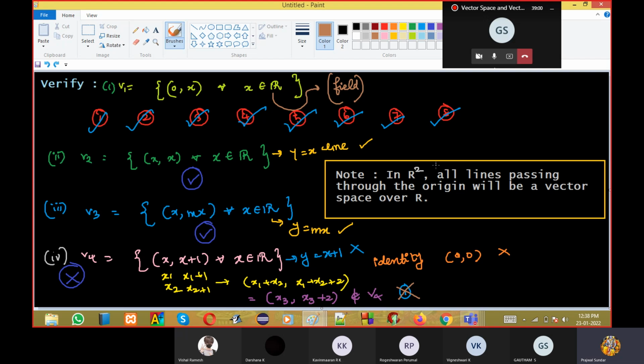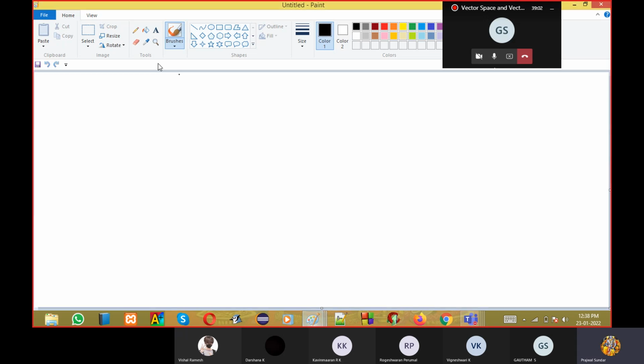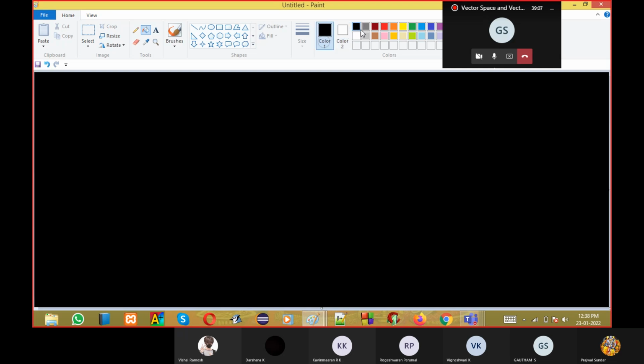Last question for vector space. Fifth question, giving (x, x squared) where x belongs to R. Is this a vector space for the given field or not?